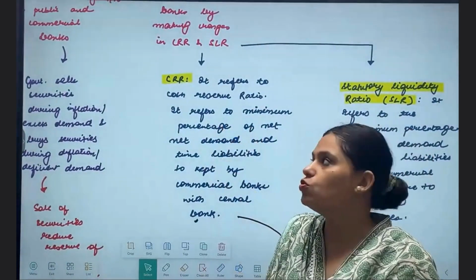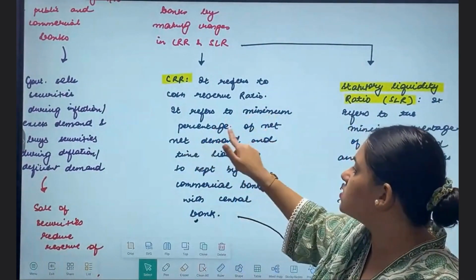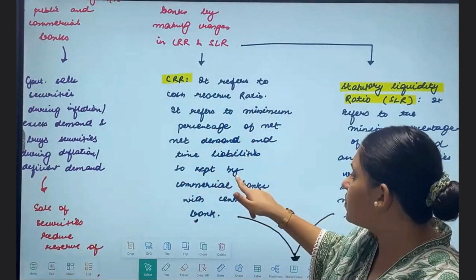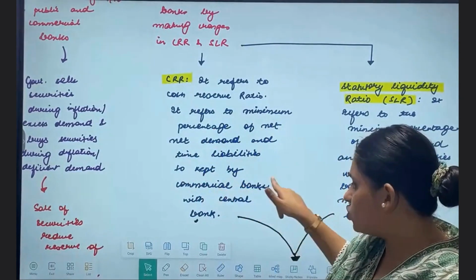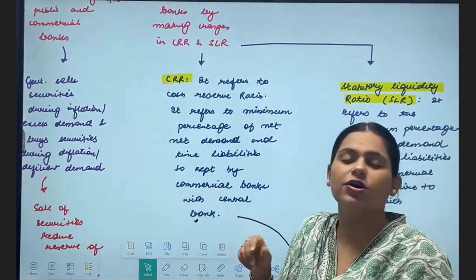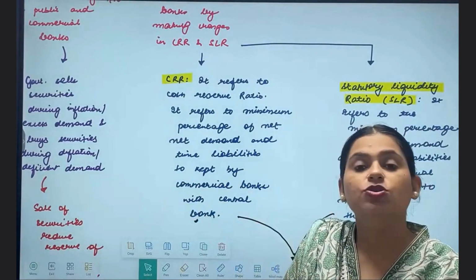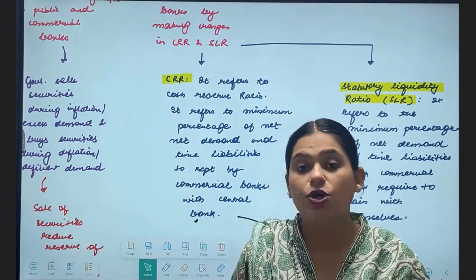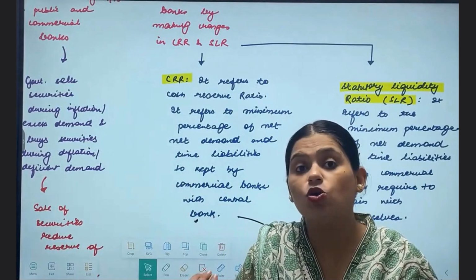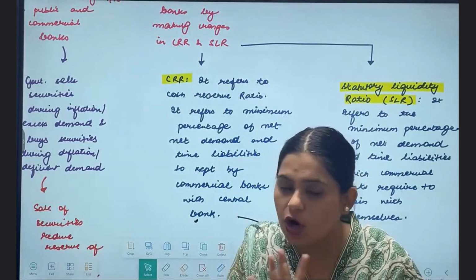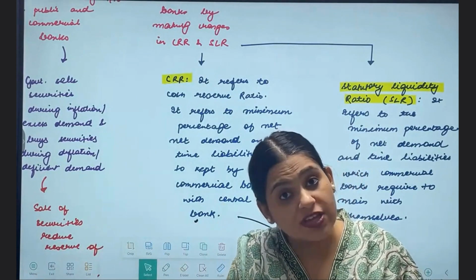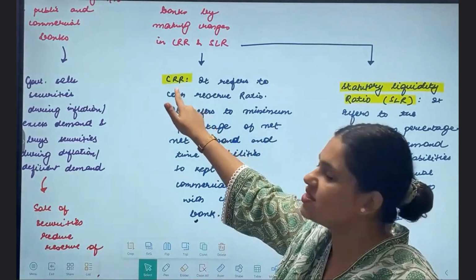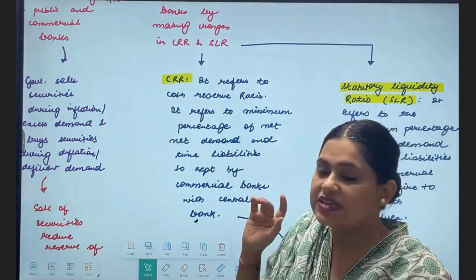It refers to the minimum percentage of net demand and time liabilities to be kept by the commercial bank with the central bank. तो वो minimum पैसा जो कमर्शियल बैंक को सेंट्रल बैंक के पास रखना है, जो पैसा कमर्शियल बैंक लोन के लिए नहीं यूज कर सकता, it cannot use for lending, it has to keep it with the central bank, that is known as CRR.